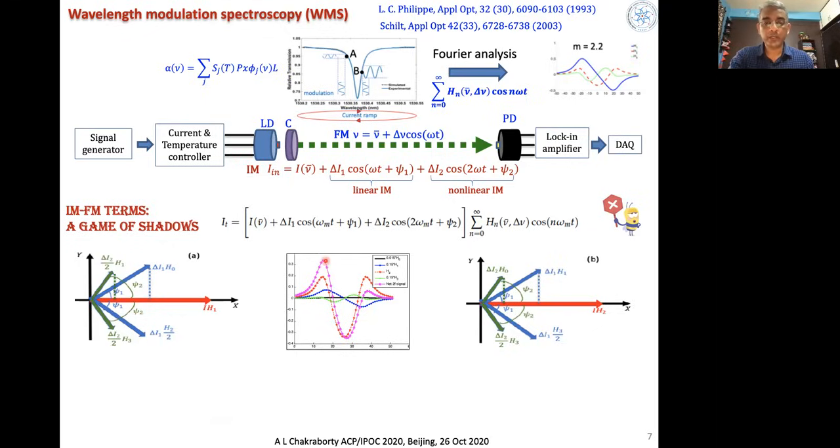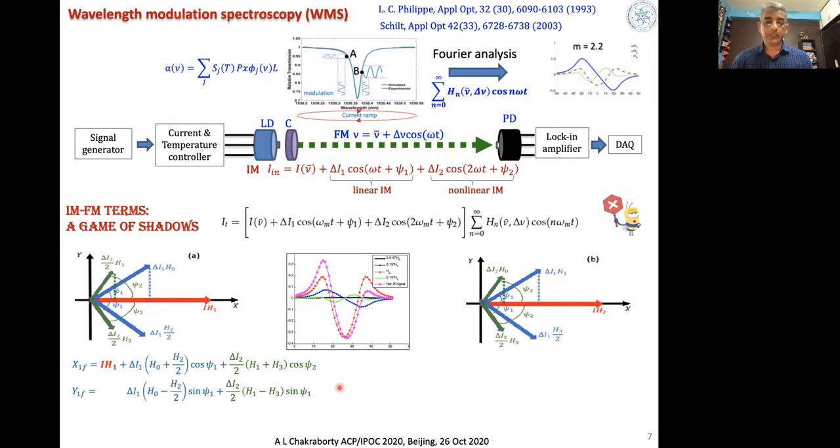And what you end up with is the magenta curve for this given laser. So it is important now to be able to incorporate these distortions into the model that you develop for the second harmonic signal. So it is no longer sufficient simply to obtain the second Fourier coefficient and try to extract gas information.